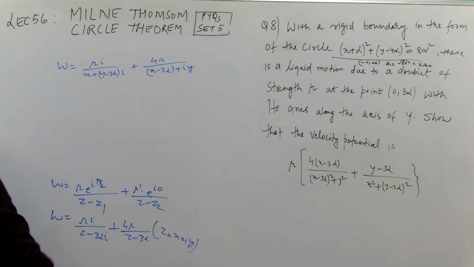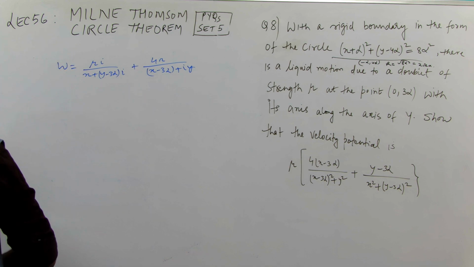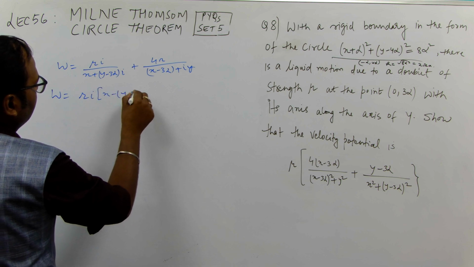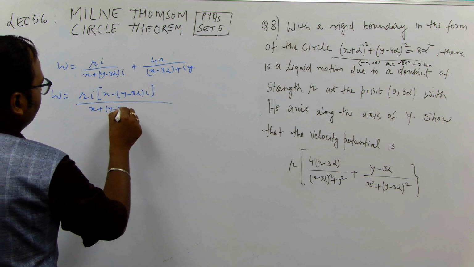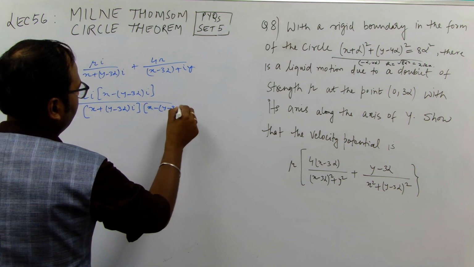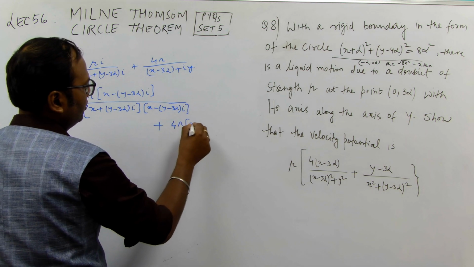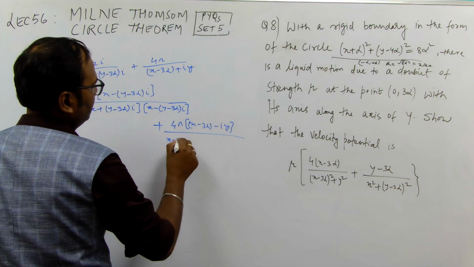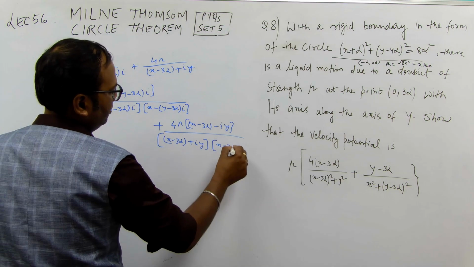So let us divide with its conjugate. So we have w is equal to mu I into x minus I y minus 3 alpha into I upon x plus I y minus 3 alpha into I, into x minus I y minus 3 alpha into I. Okay, plus 4 mu into x minus 3 alpha minus iy upon x minus 3 alpha plus iy into x minus 3 alpha minus iy.